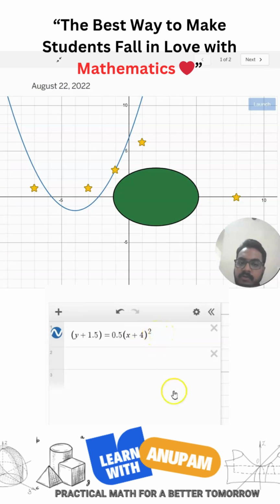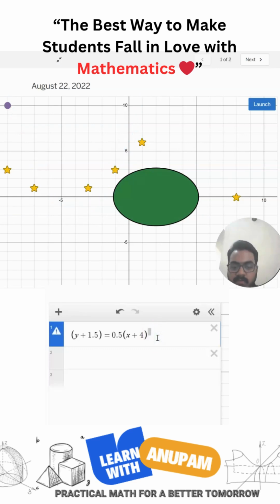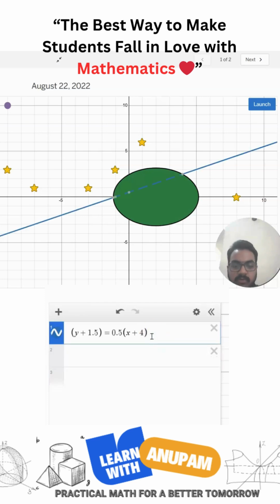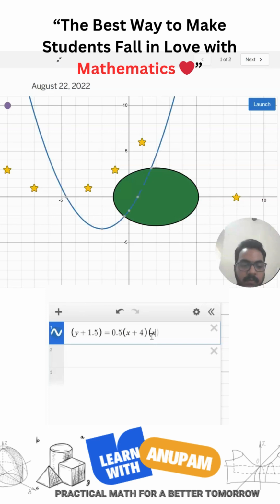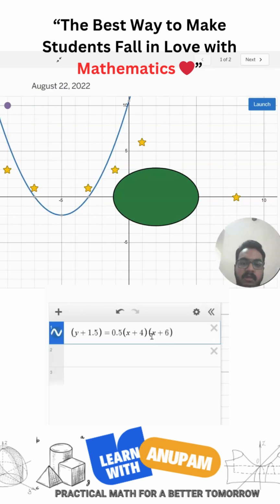What we can do here is, let us do some more modification. So I will remove this square term and we can multiply with some other factor. So let us consider that factor as x plus 6.